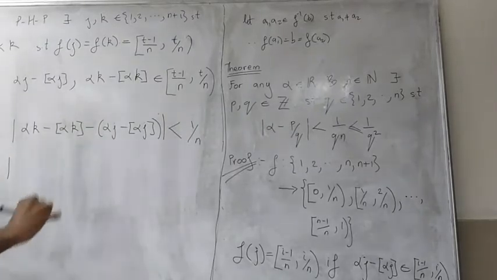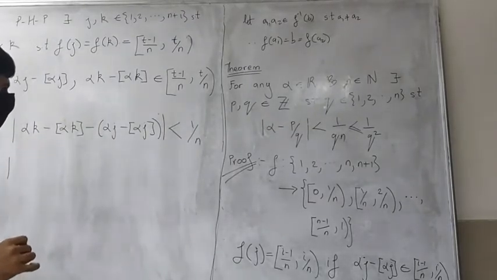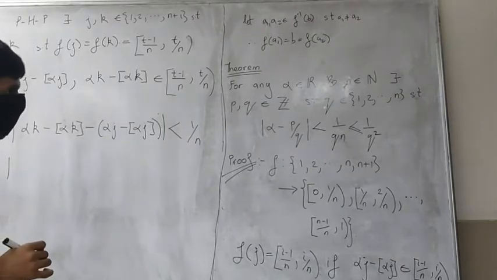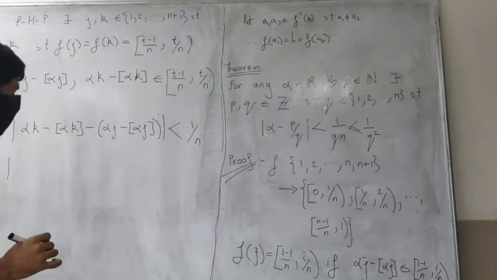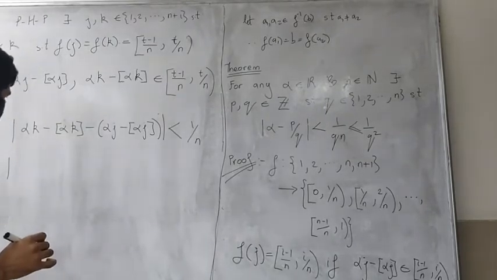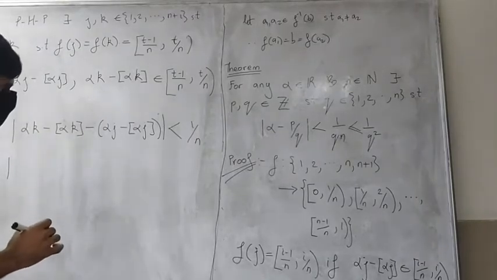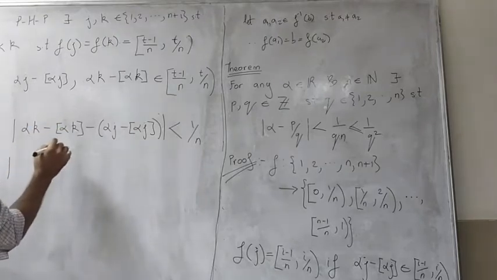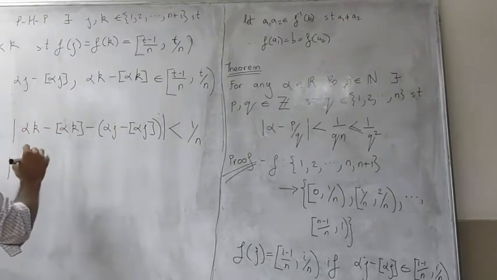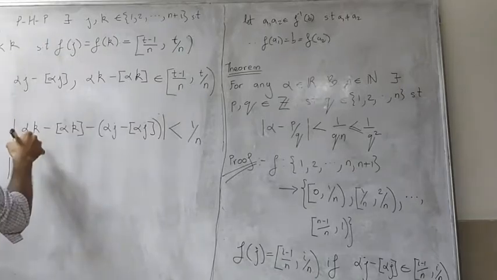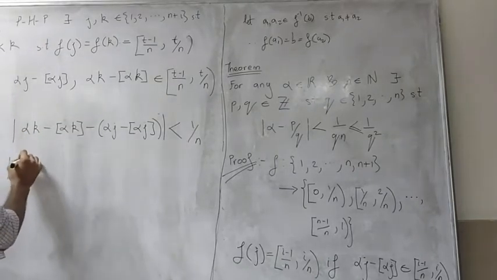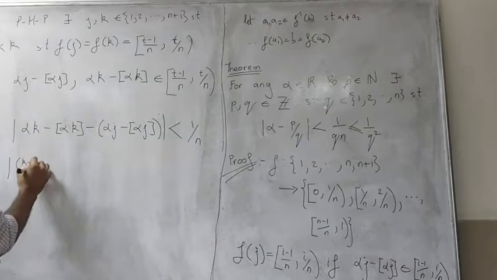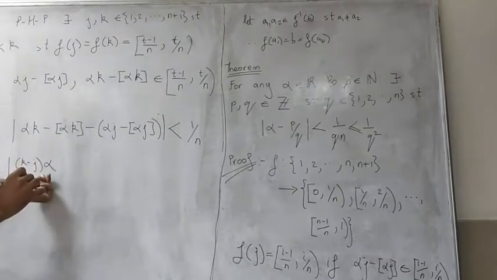let's combine. We have already caught hold of what Q is. Yeah, we have caught hold of what P is also. So you tell me what is P and Q. That's the reason why I found it difficult to get. Okay, so this would be k minus j times alpha, right?